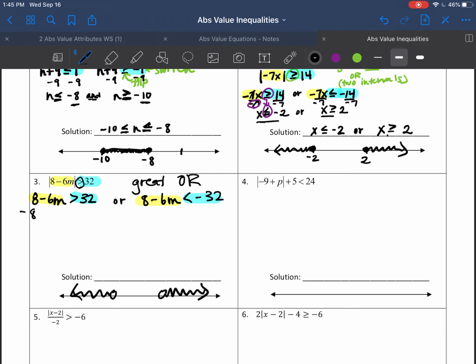All right, first step, subtract your 8. 32 minus 8 is 24. We're dividing by a negative, so the inequality flips. m is less than negative 4.